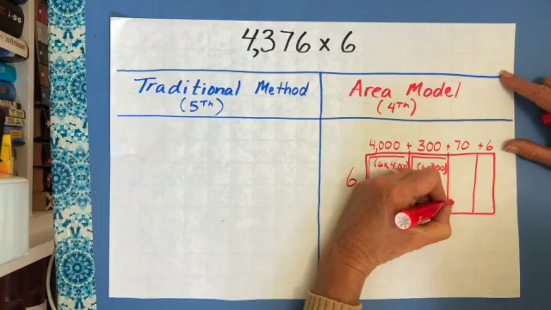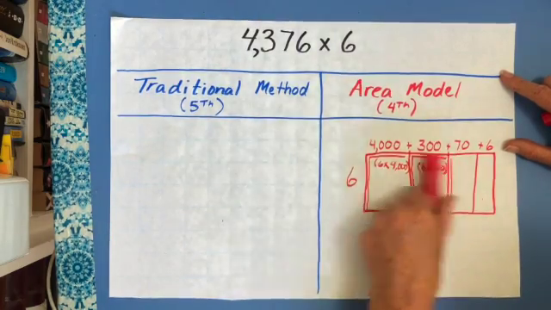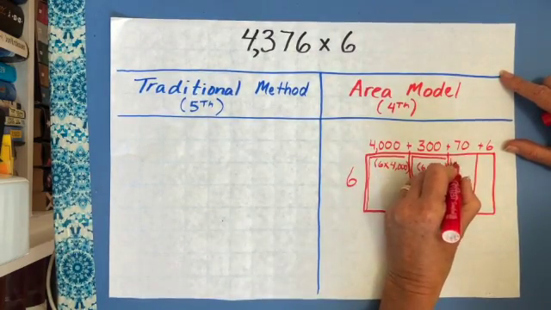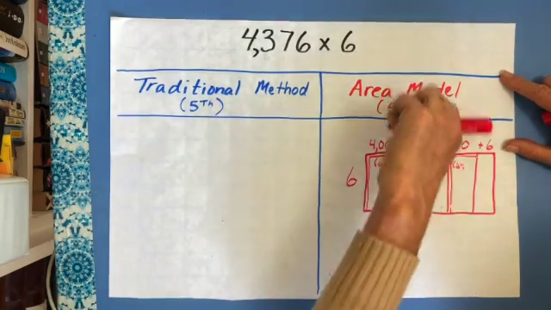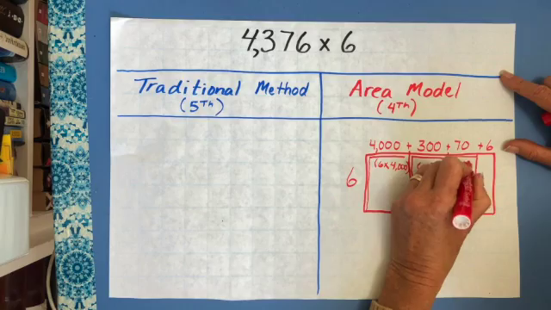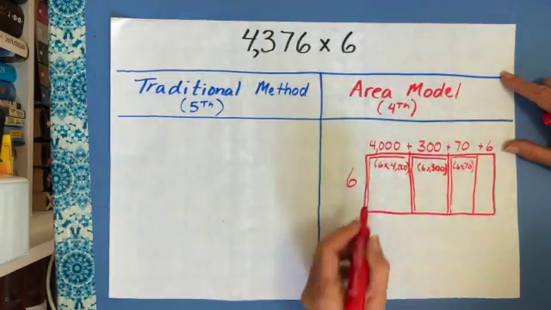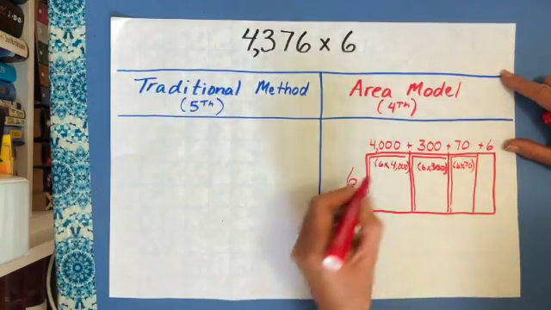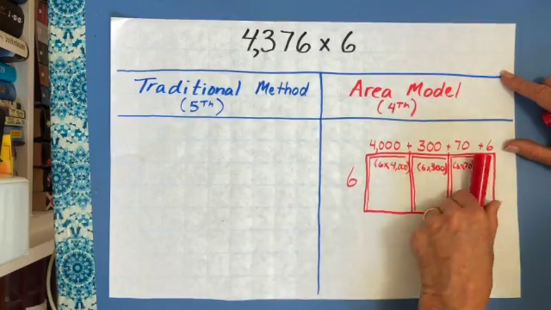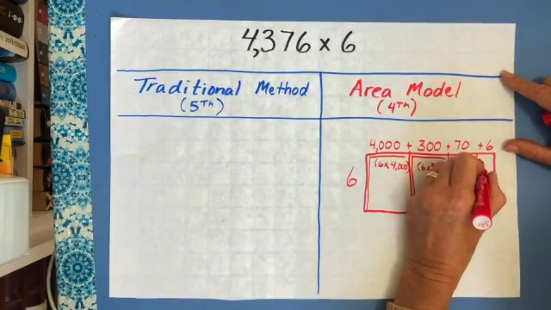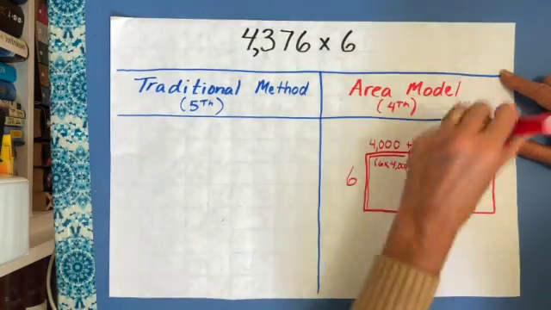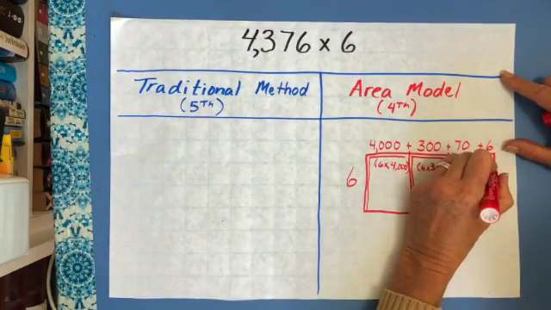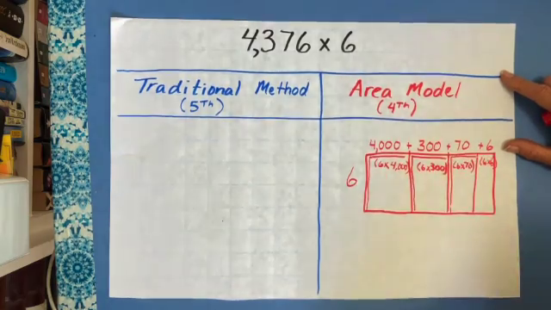The length of this side here is 6, and the length of this side from here to here is 70. Last one, I hope I have enough room. The length of this side here, I'm not going to draw a line, is 6, because we know it's 6. And the length of this side from here to here is 6. Ooh, same thing. Okay, try to put the parentheses in there.